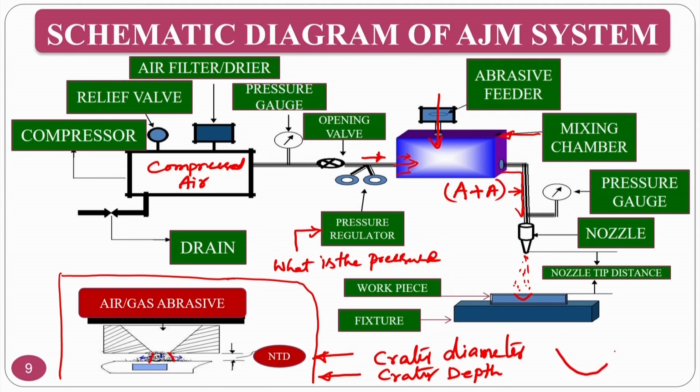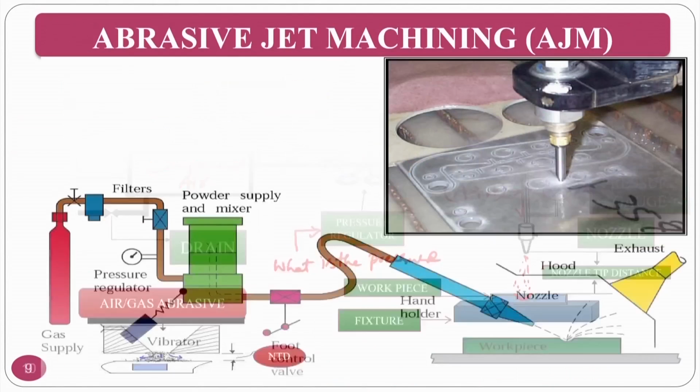Assume this is the diameter D and this is the depth small d. This is the crater diameter and this is the crater depth. Like that you can generate a cavity or crater on a particular material.